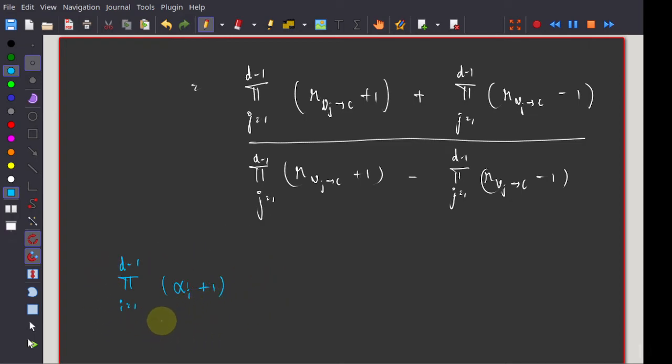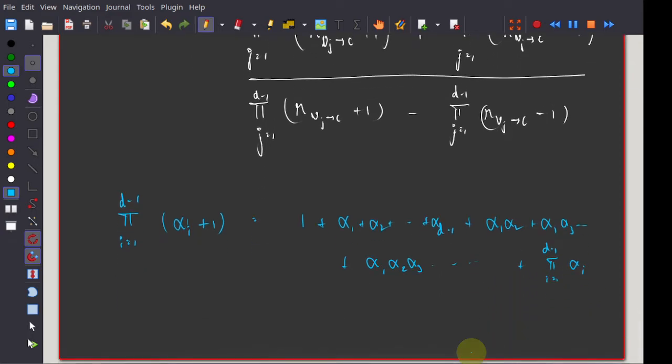Okay, so I have this particular quantity. What does it look like? It's equal to 1 plus alpha 1 plus alpha 2 up to alpha d minus 1, plus alpha 1 alpha 2 plus alpha 1 alpha 3 and so on, all possible pairs, and then all possible triples and so on, all the way up to the product of alpha i.